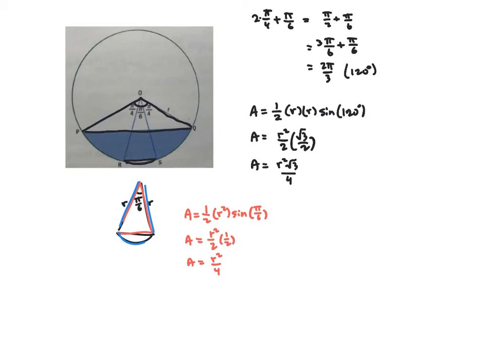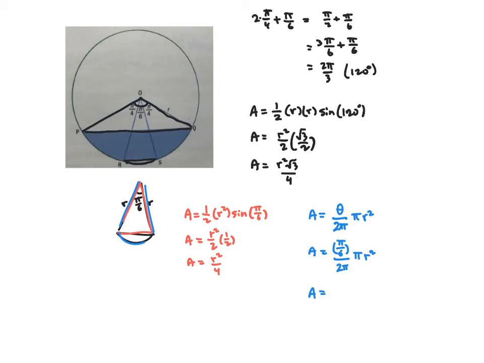Okay, the area of a sector is the angle theta over the fraction or the ratio of the entire circle times pi R squared. Okay, so I'm going to leave this in radian form for just a minute, and then you'll see what happens here. Okay, so A is equal to pi over 6 over 2 pi times R squared.